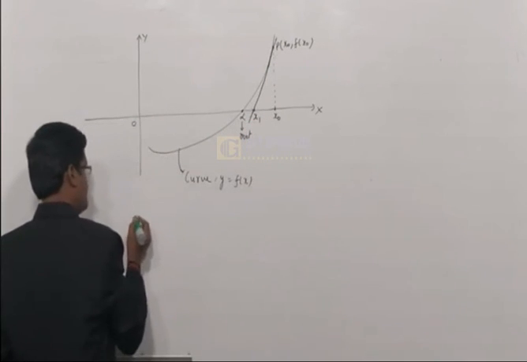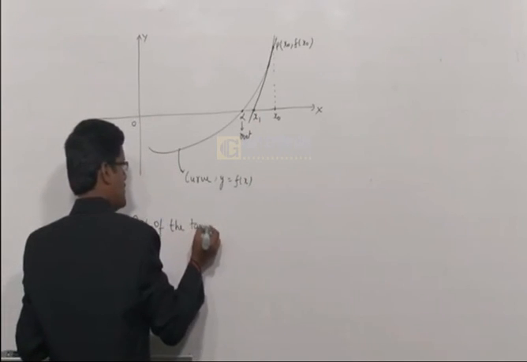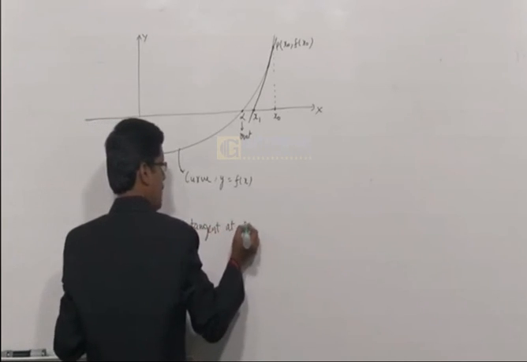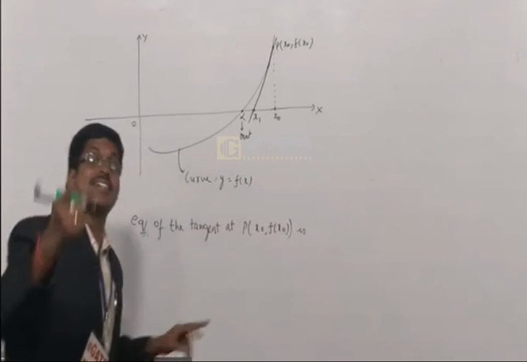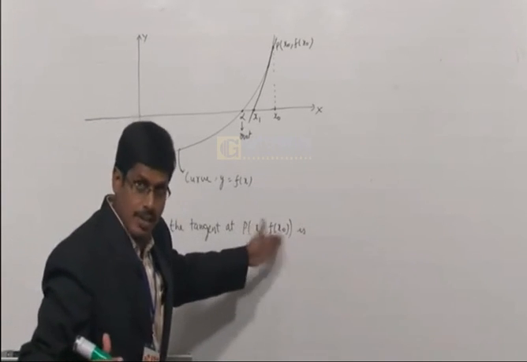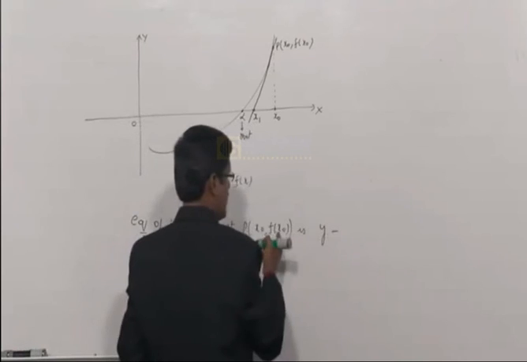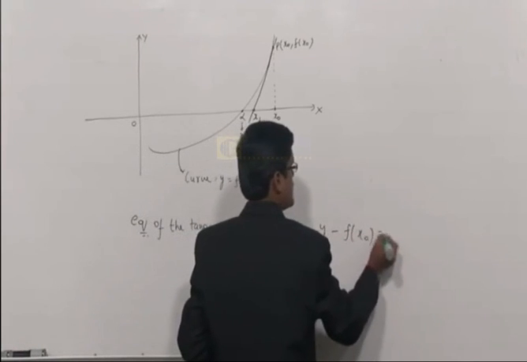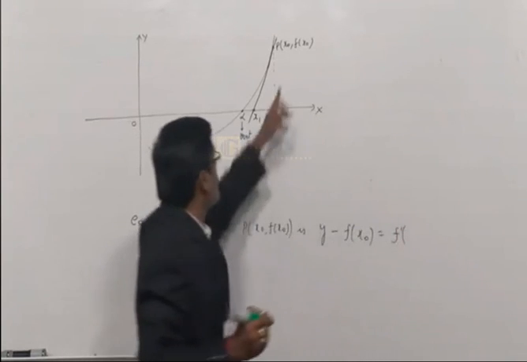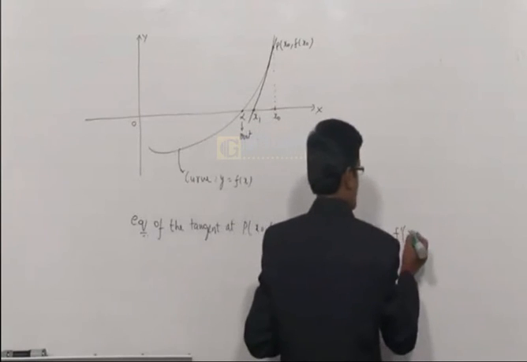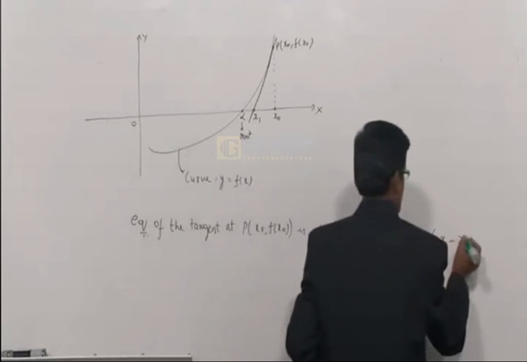Now see, the equation of the tangent at P(x0, f(x0)). In calculus, I have given the equation of the tangent at the point (x1, y1). Here, the x coordinate is x0 and the y coordinate is f(x0). So y - y1 = f'(x) at that point, x0, the starting value, into (x - x1), where x1 is the x coordinate of the point, that is x0.